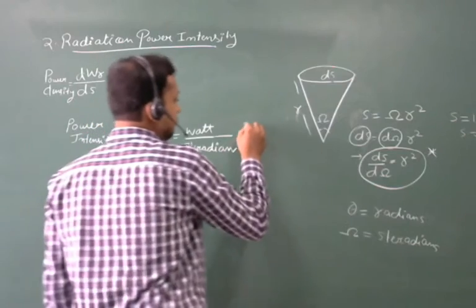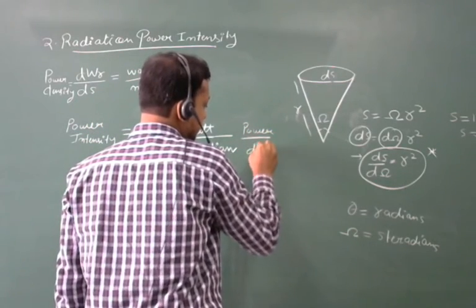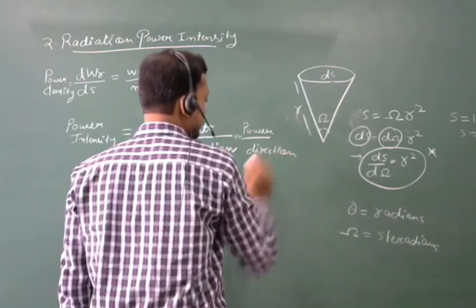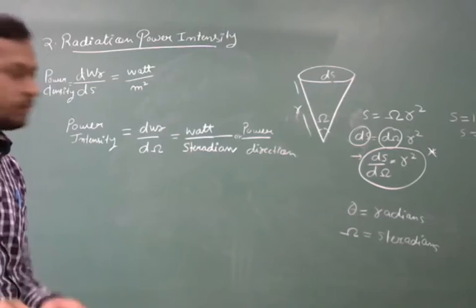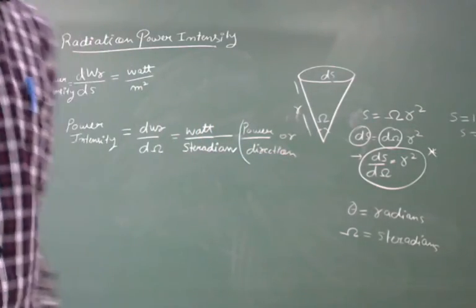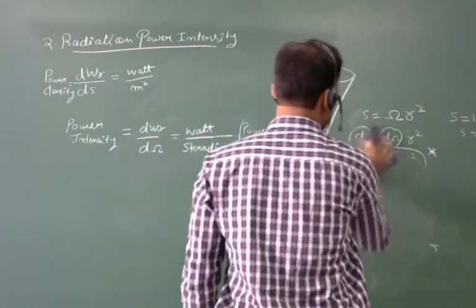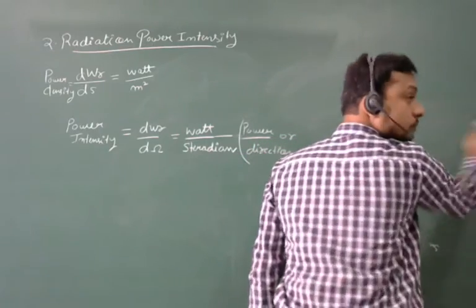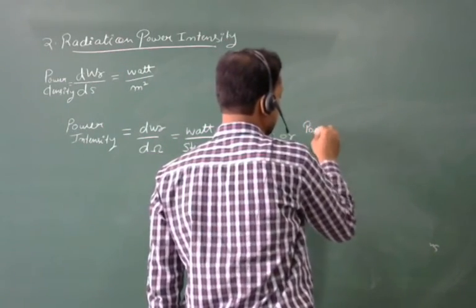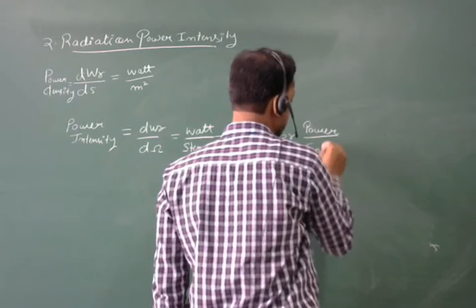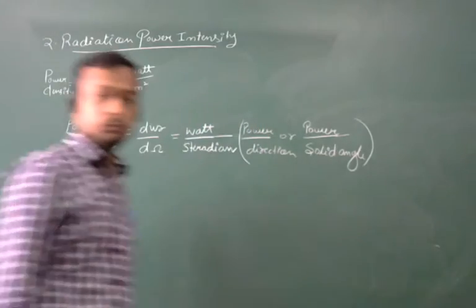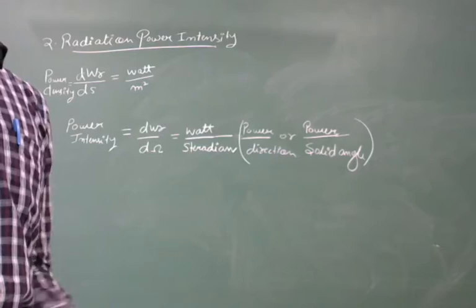Power by direction, or power per solid angle, is given by this relationship.